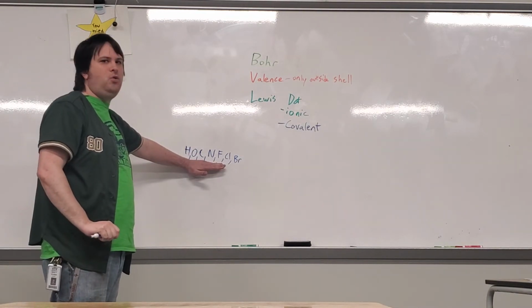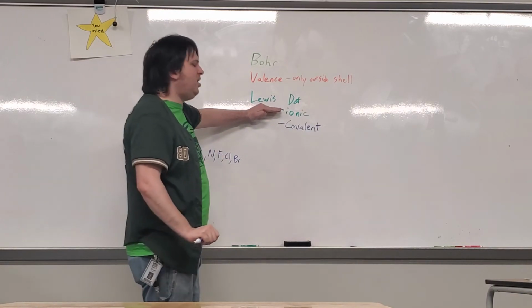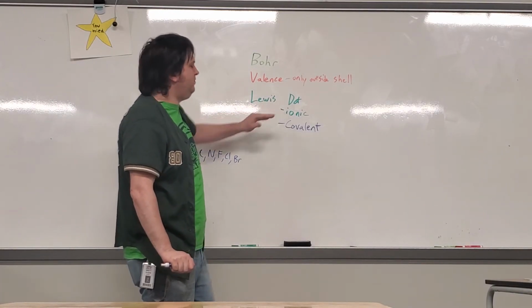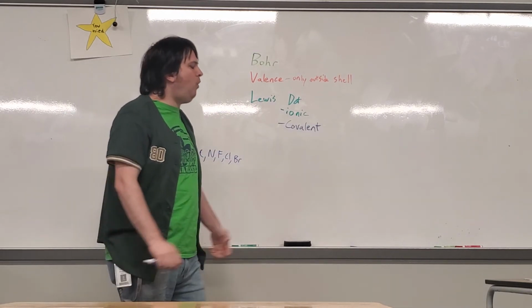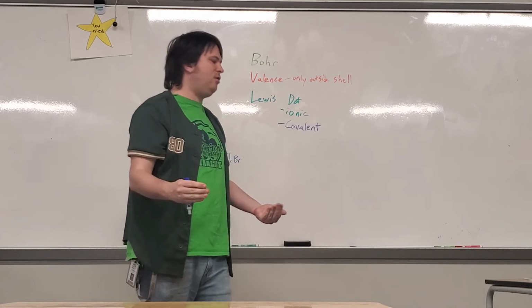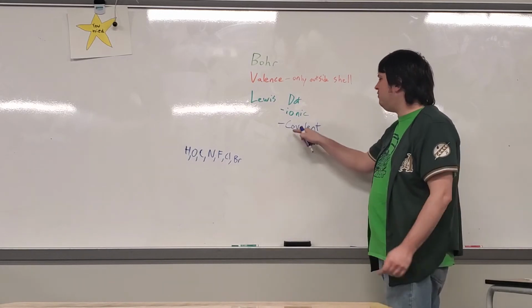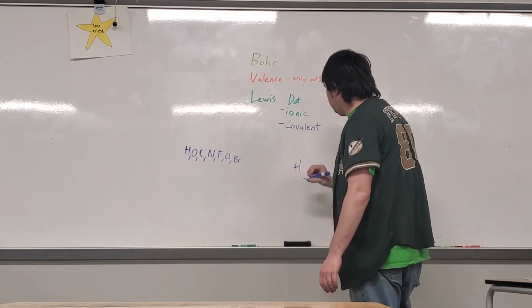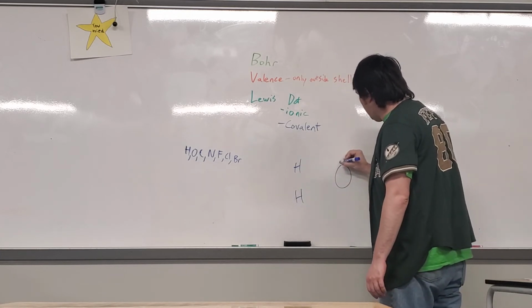The upper right corner of the periodic table do not form these ionic bonds because they are not metals. They form covalent bonds, where instead of one side taking the electron for themselves, they share the electrons. So let's look at water in a covalent bond. You would have hydrogen, hydrogen, and oxygen.